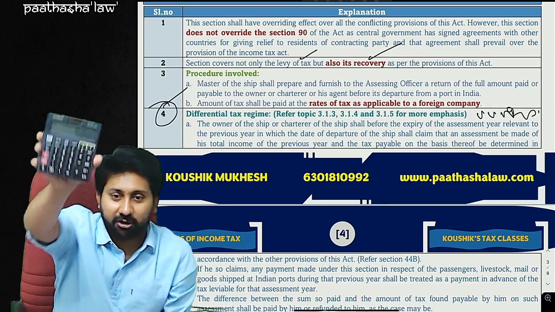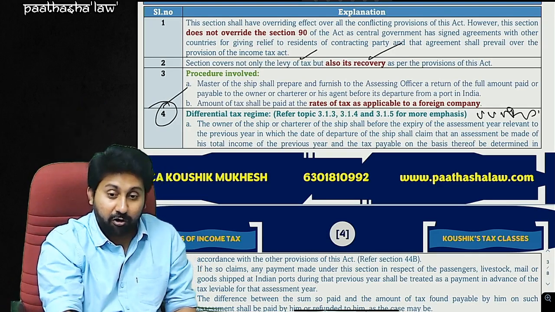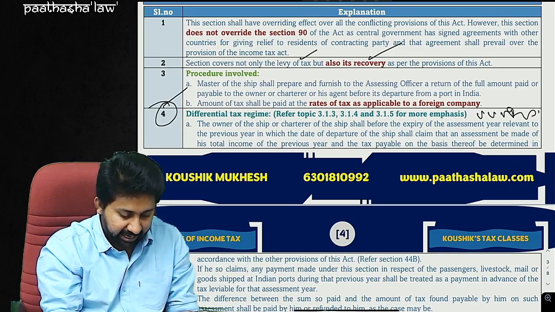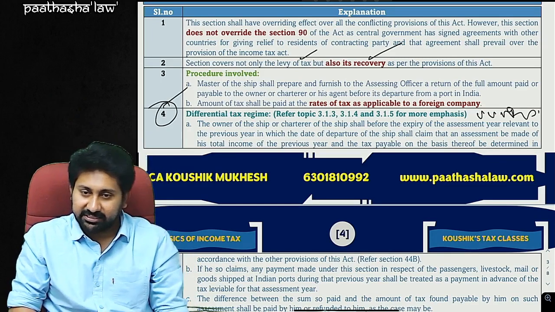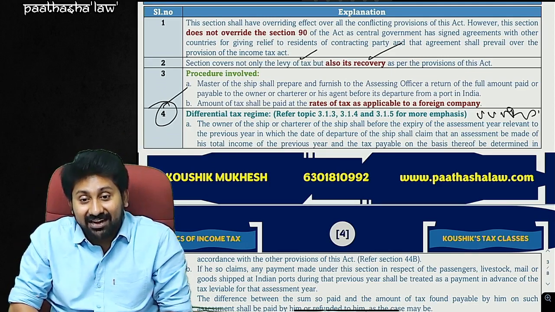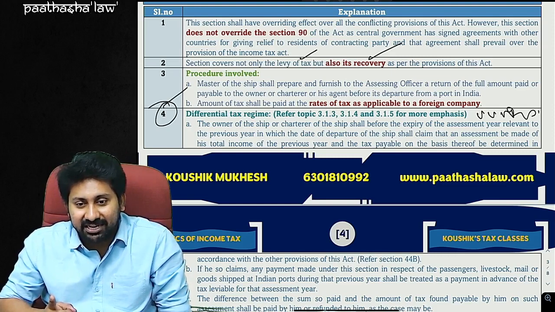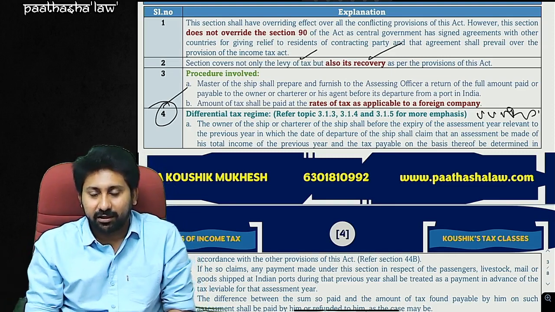Means your presumptive income is 7,50,000. 40% is the foreign company tax, so 3 lakh rupees you paid as tax. Yes, I paid 3 lakh tax. So if you collect 3 lakh tax, technically his margin is 4,50,000.